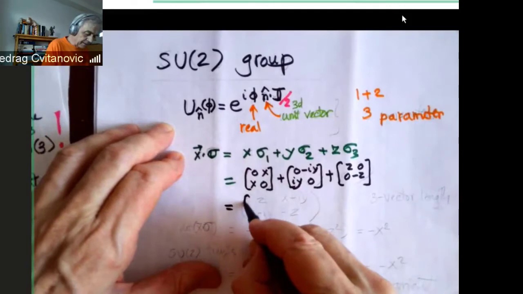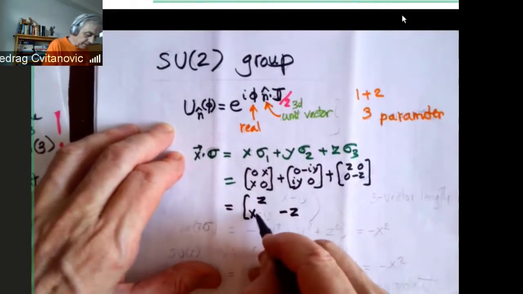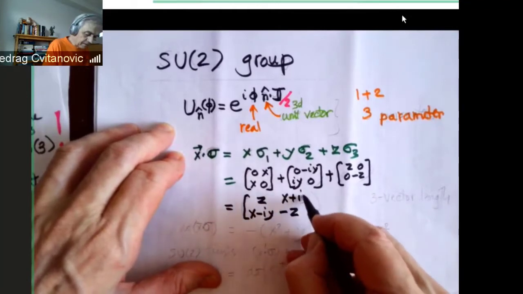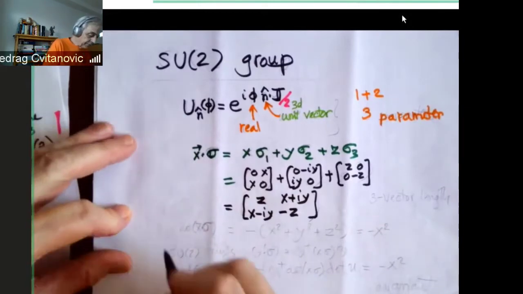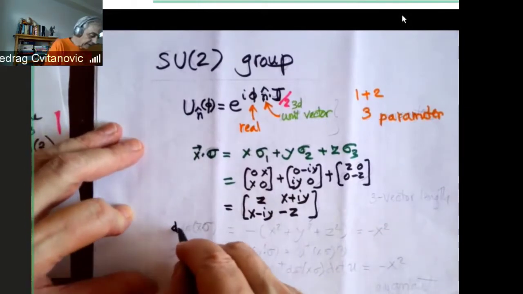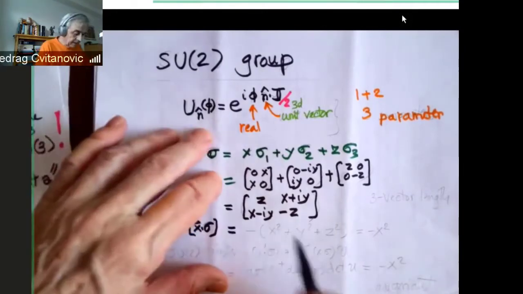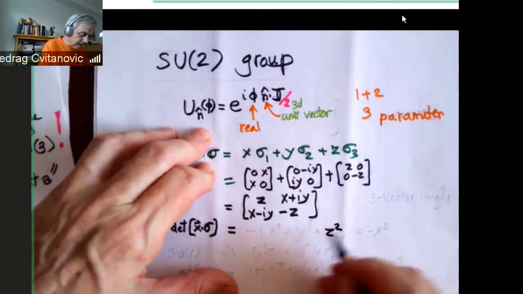Or this is a matrix that has components z, minus z, x minus iy, x plus iy. One observes the following curious fact: if I take the determinant of this 2 by 2 matrix, on the diagonal I get z squared with a minus sign.